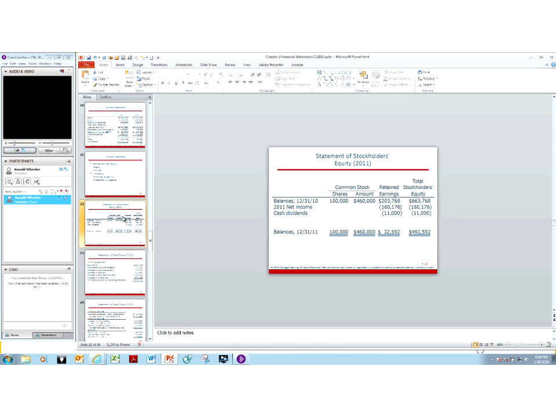In this case, we have common stock and retained earnings, so it's relatively simple. You may see companies that have preferred stock. You may see activity that appears in here that are things like stock option or equity compensation, anything that would impact the equity accounts during the course of the year.